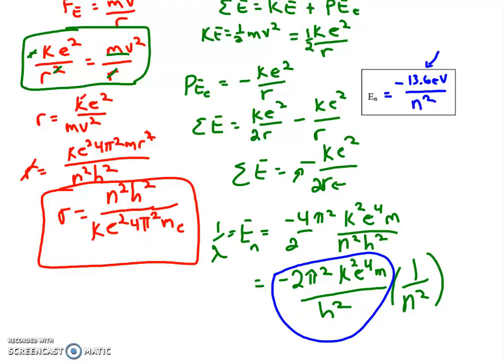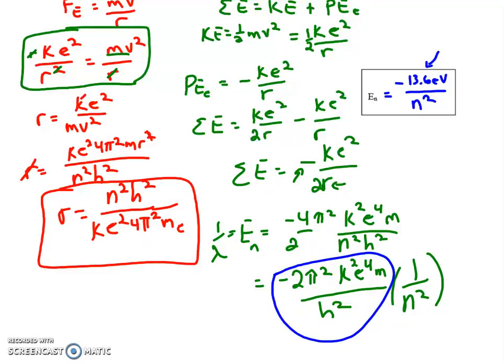So Bohr is able to reproduce the numbers beautifully for hydrogen. Okay? All on the supposition that angular momentum is quantized. He had no basis for saying that from theory, but he knew he was on to something because it matched the data very, very nicely.